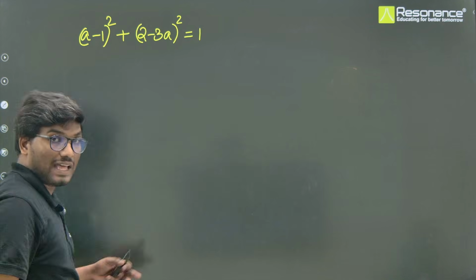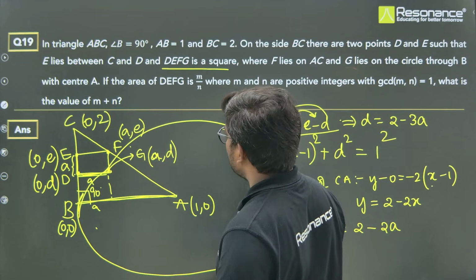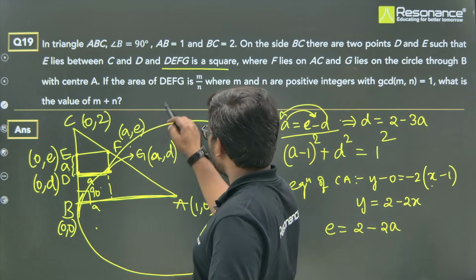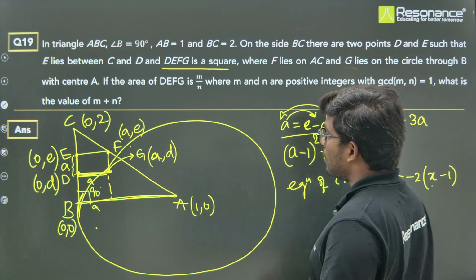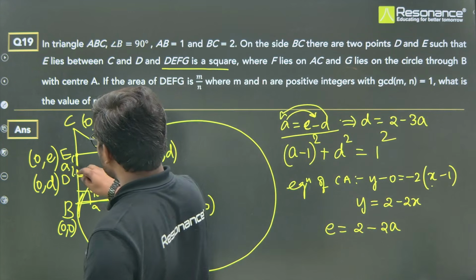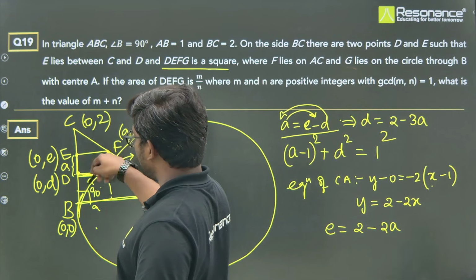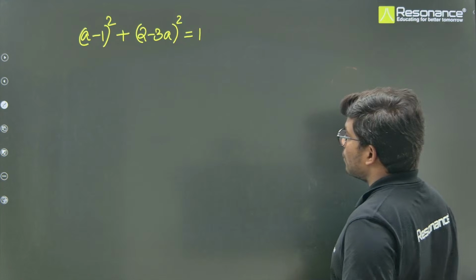Right? Now, what do we have left? I think we're pretty much close. The area of the square is a square, so we just need to find a square from this, where a is the distance between E and D. So a is obviously less than 2.